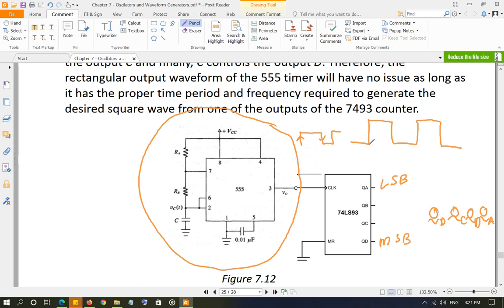And whenever it activates, it will make the output QA transition from either 0 to 1 or 1 to 0. Now QA is used as the clock for QB, QB is used as the clock for QC, and QC is used as the clock for QD.